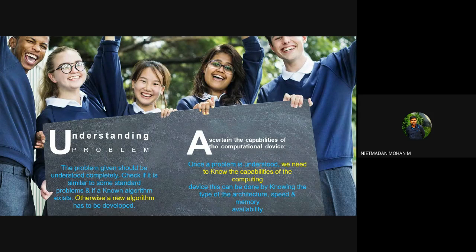Fine. So we need to know the capability of the computing device, what device you are having and how the device will work according to developing this project. So for this, the second statement has been used.